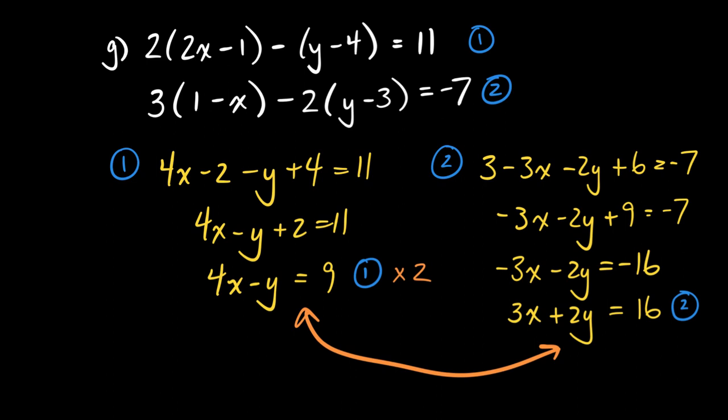What I want to talk to you about with this system is, once you've solved for x, we multiply equation 1 by 2, we get a new equation 3, we then take equation 2 and equation 3 and add them together, we eliminate our y's, so we solve for x.